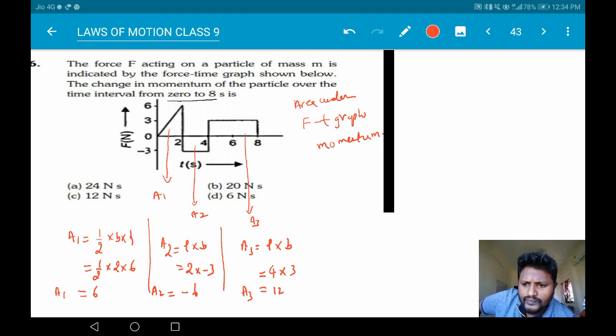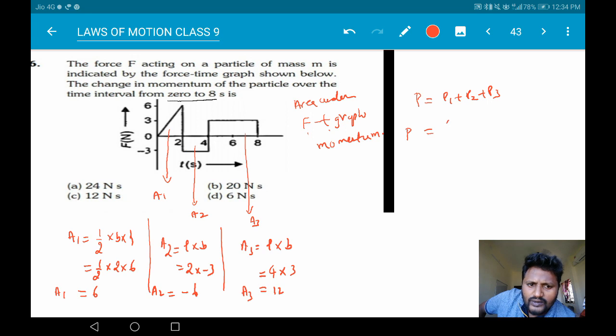So let us use the net momentum P1 plus P2 plus P3. In the last lecture I explained how to find momentum by using the force time graph. If you want, once again you can listen to that lecture, then you can get clarity for this problem.